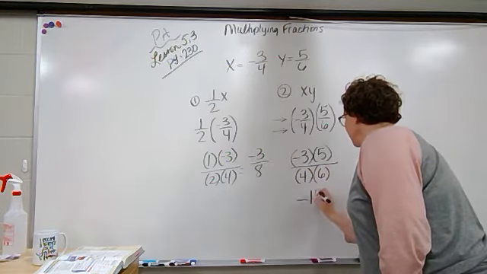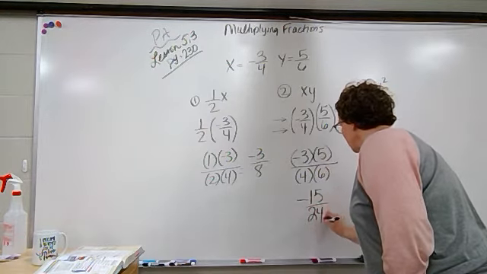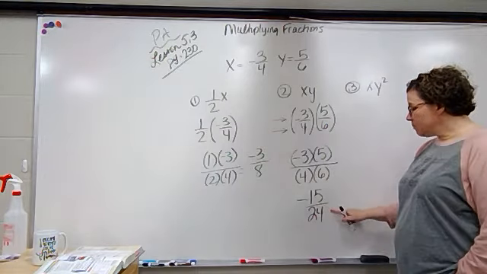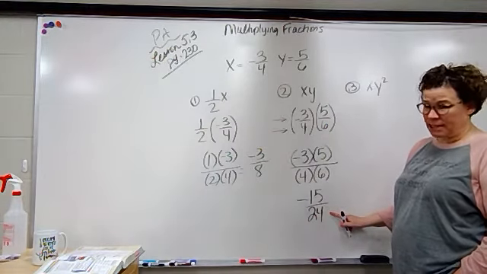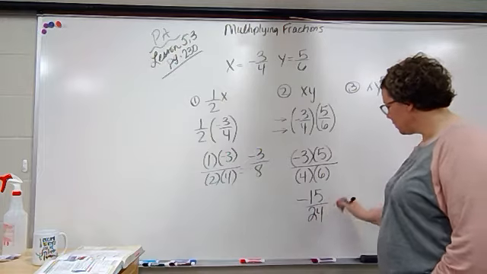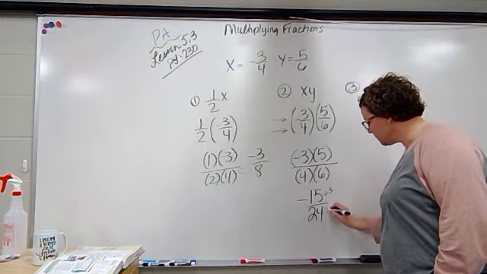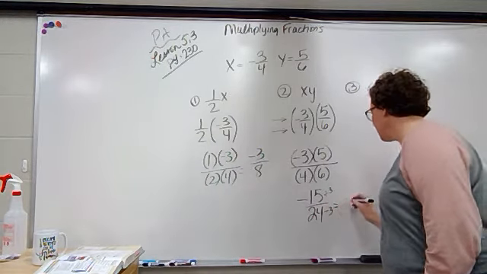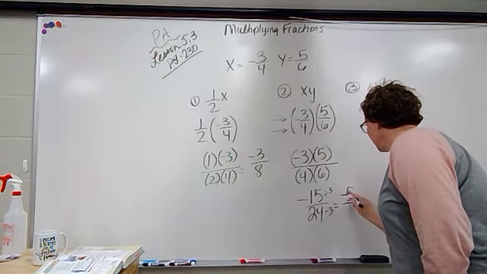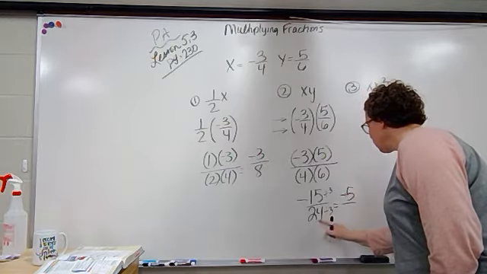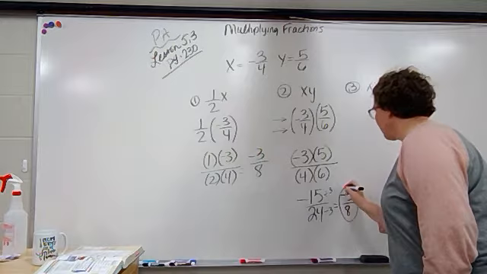That gets me negative 15 over 24. Is this simplified? It is not. I can actually reduce this by 3. I'm going to divide both of them by 3. And that's going to get me negative 5 over 8. Negative 5/8.